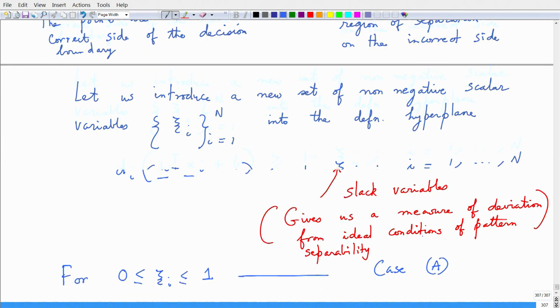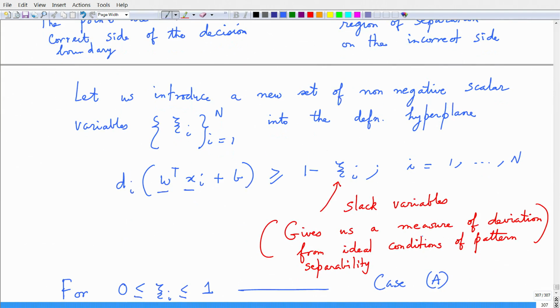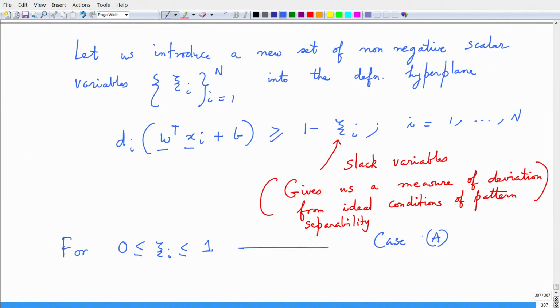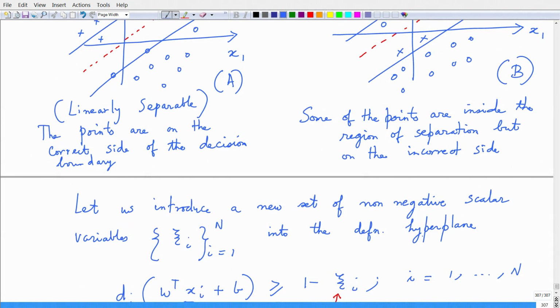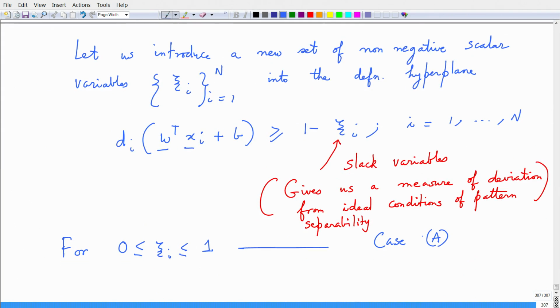When zeta_i is greater than 1, it is case B, because this value can be negative, and therefore you can have these points flipping across the optimum hyperplane. This is the second case: for zeta_i greater than 1, it corresponds to case B in the figure.